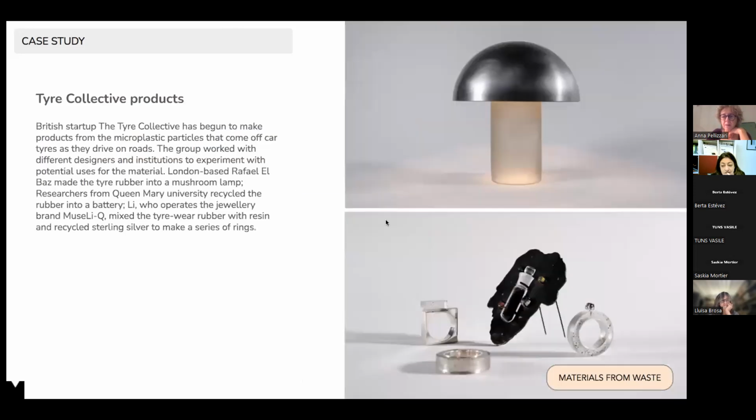Okay, this is more like a conceptual project, but this group, it's more a group, an initiative rather than a company, is called Tire Collective.